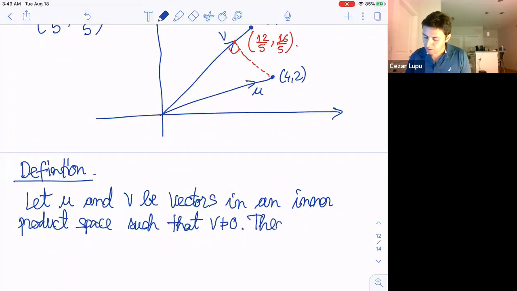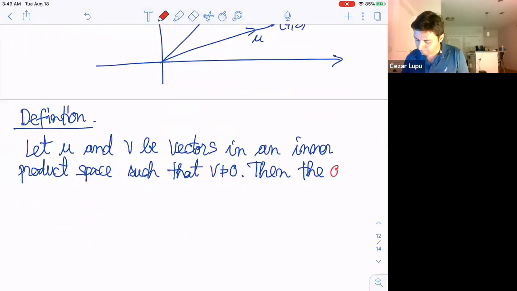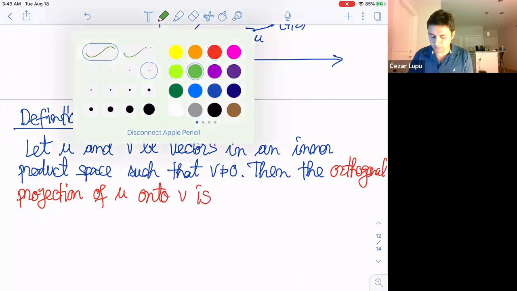Then the orthogonal projection of u onto v is given by the following. Well, the formula is the same.